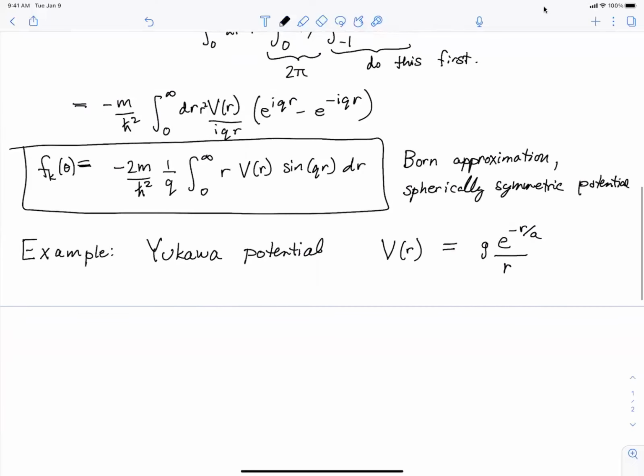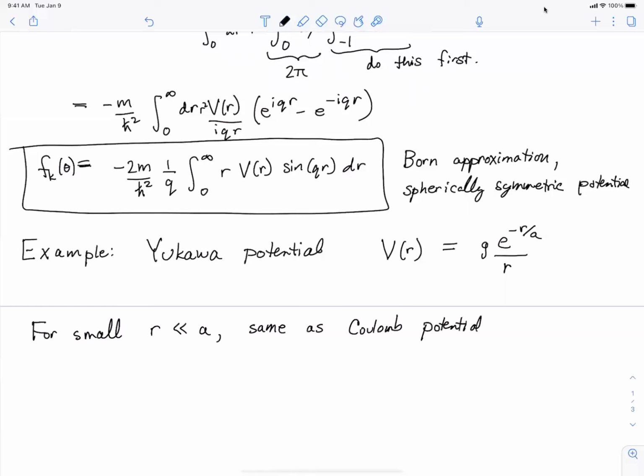Okay, so for small r, what does this thing look like? What do we mean by small? First of all, we mean small compared to the other length scale in the potential, which is a. Then it's going to be the same as a Coulomb potential, which we talked about classically for Rutherford scattering.